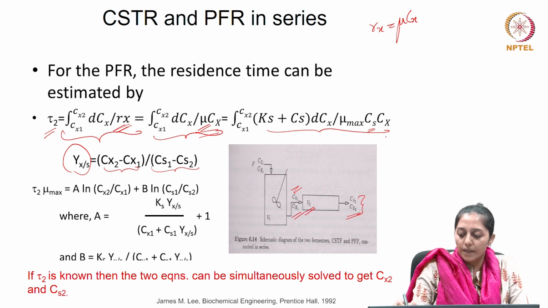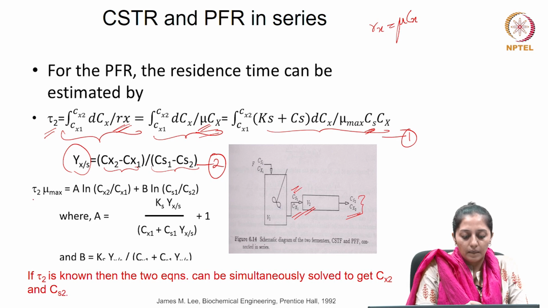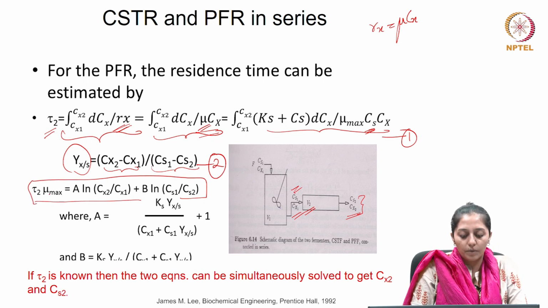So using equations 1 and 2, equation 2 has been used to substitute Cs in terms of Cx, and then equation 1 can be integrated and solved, which will lead again to the batch design equation, which will take this form as given in equation 3.